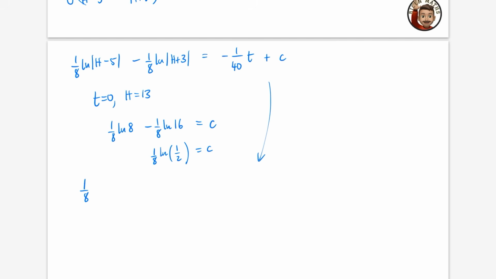The equation is 1/8 ln of h minus 5. I'm actually going to start combining this into one single thing because we've got them both with the 1/8, right? With the subtract it means it's going to be a division. So I have h minus 5 divided by h plus 3, and that's equal to minus 1 over 40t plus c, which is 1/8 ln of a half.